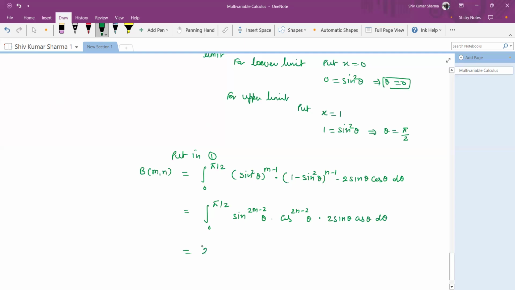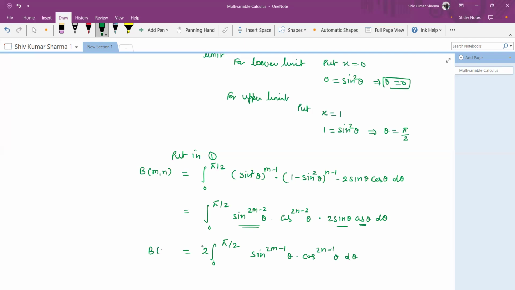So we can take 2 outside the integral from 0 to pi by 2. Here sine is raised to the power 2m minus 2, and with 1 sine here the power becomes 2m minus 1 theta. Similarly for cos, 2n minus 1: 1 cos here and 2n minus 2, into d theta.